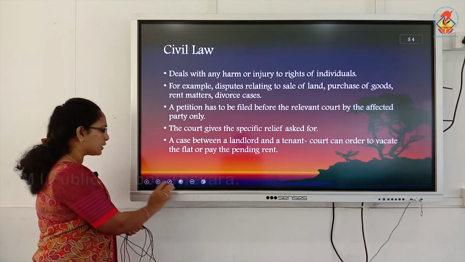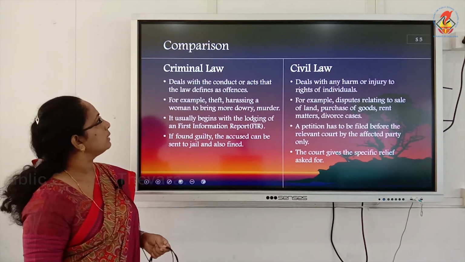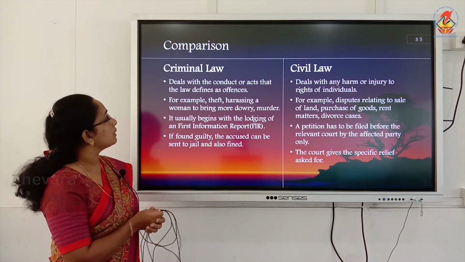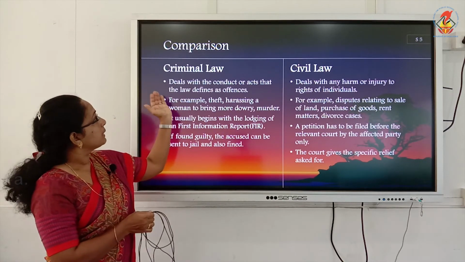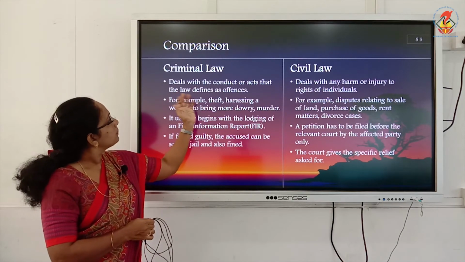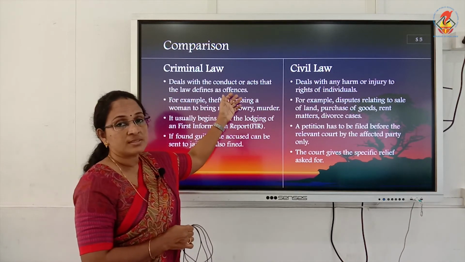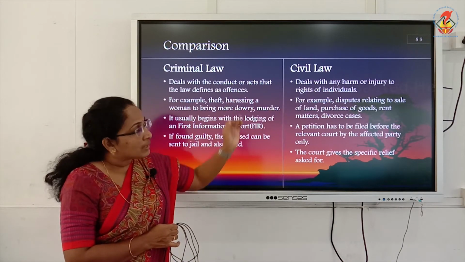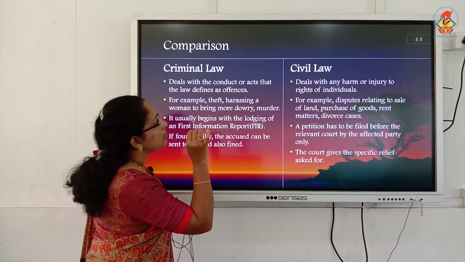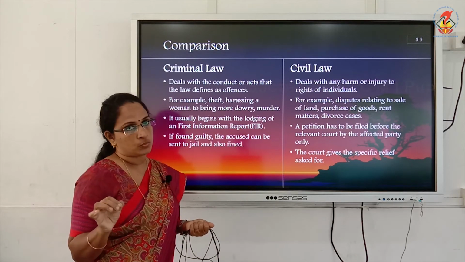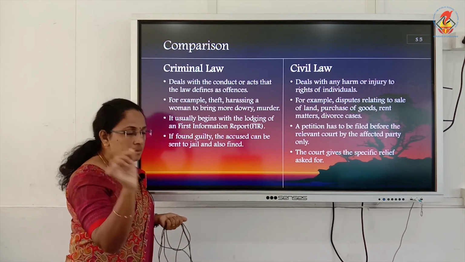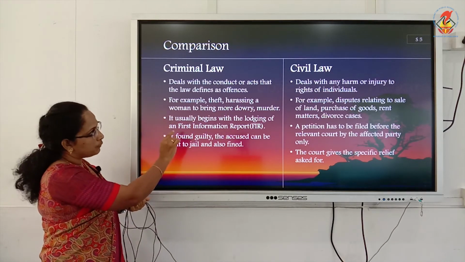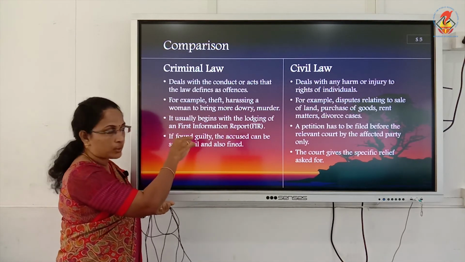We also saw a comparative study, children, comparison between criminal law and civil law. Criminal law deals with what the law defines as offences, an illegal act. But in civil law, any harm or injury to rights of individuals is included. Examples: theft, harassing a woman to bring more dowry.